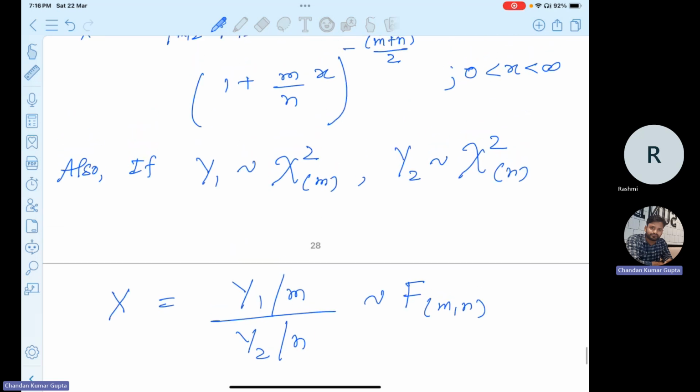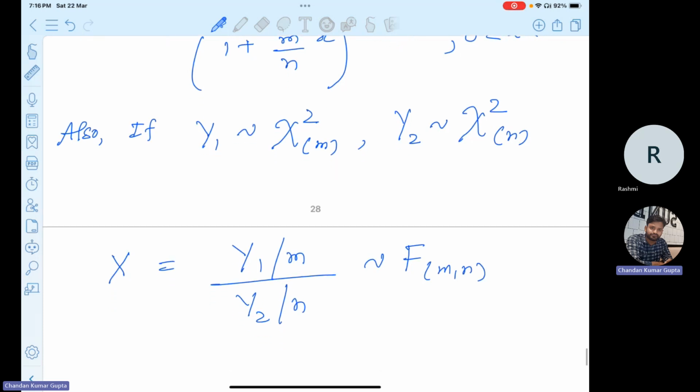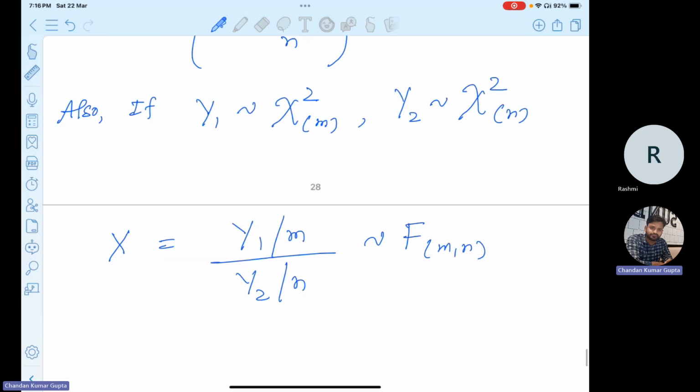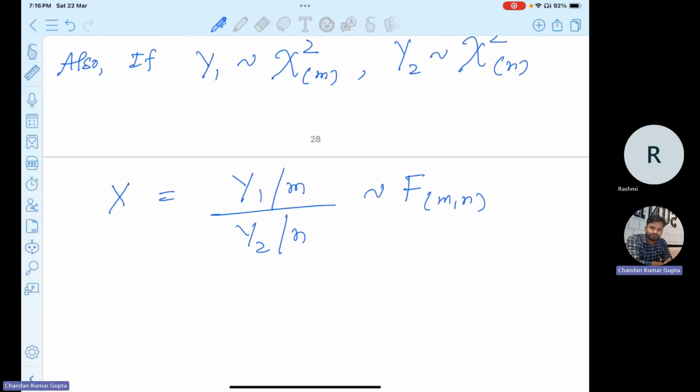So the f variate is nothing but the ratio of two chi-square variates divided by their degrees of freedom.